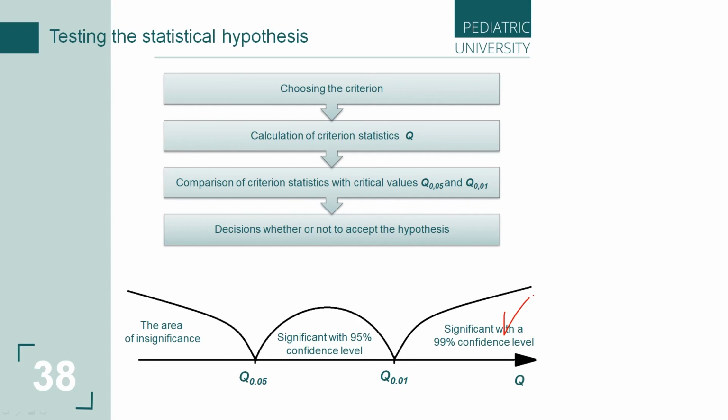If the control value of the criterion is greater than the critical value at alpha equal to 0.01, then we say that we accept the alternative hypothesis with 99% probability. And this was only a small part of mathematical statistics, which we covered today.